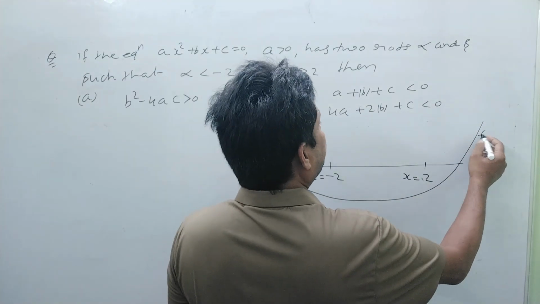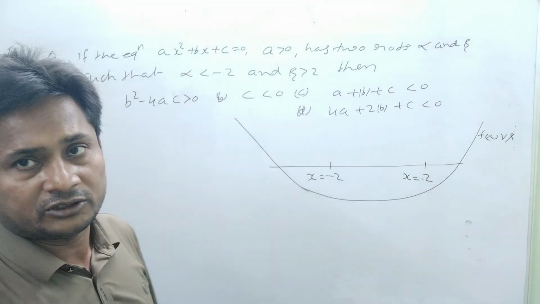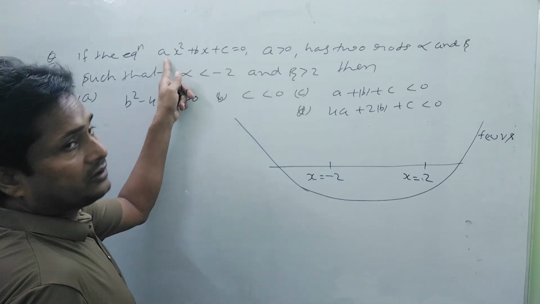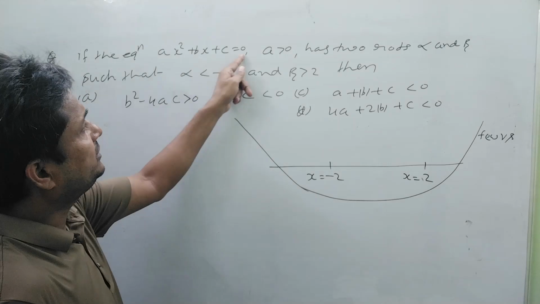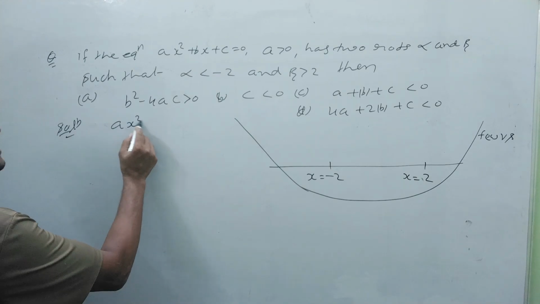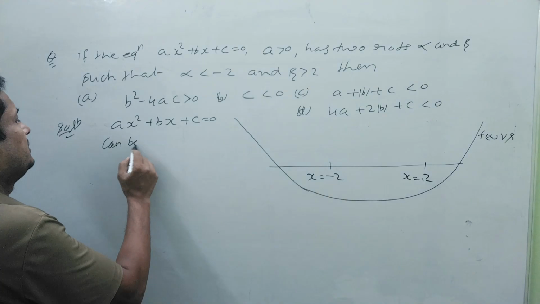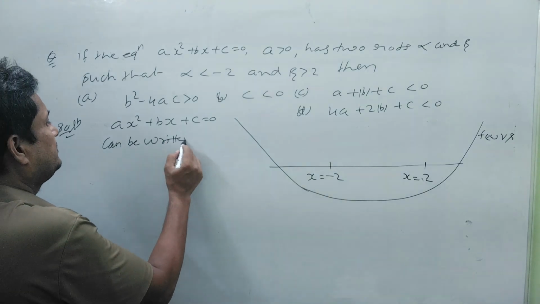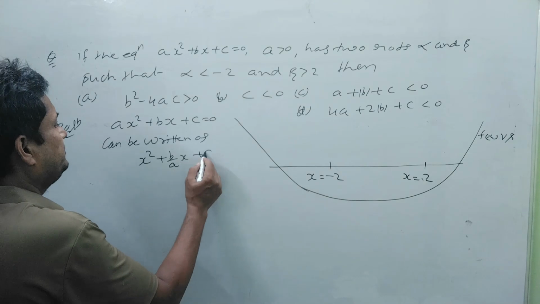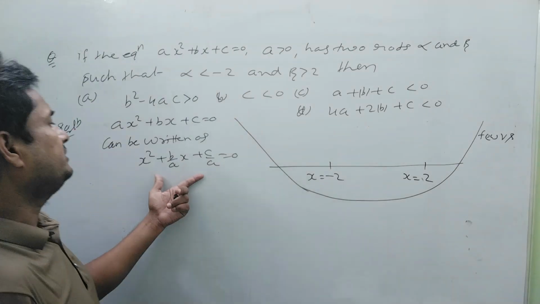If we plot f(x) versus x, the coefficient of x square must be positive. So first of all, make the coefficient of x square positive. So divide this equation by a. So ax square plus bx plus c is equal to 0 can be written as x square plus b by a x plus c by a is equal to 0, and take it as f(x).